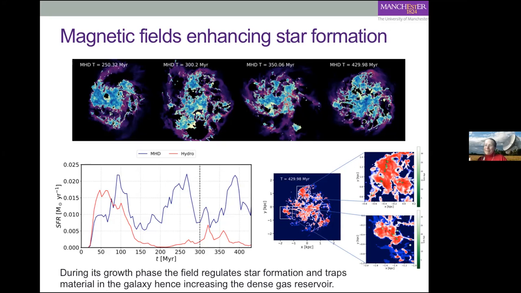And of course, that has implications for how the galaxy evolves, how mergers might proceed, and the enrichment of the galaxy, because every generation of star formation will then inject metals into the ISM. And so that has some quite interesting implications, I think, for our understanding of how these dwarf galaxy systems evolve.